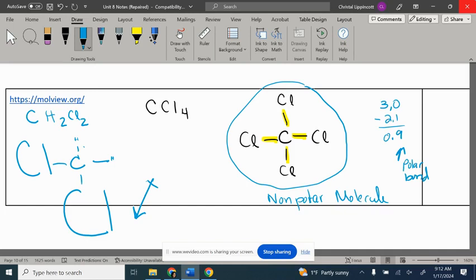It's not going to be symmetrical like this guy is. See how this guy would be all spread out even, nice and pretty? Here, that's not happening. You've got to wrap your brain around it. You've got to do some practice, okay? I get it.